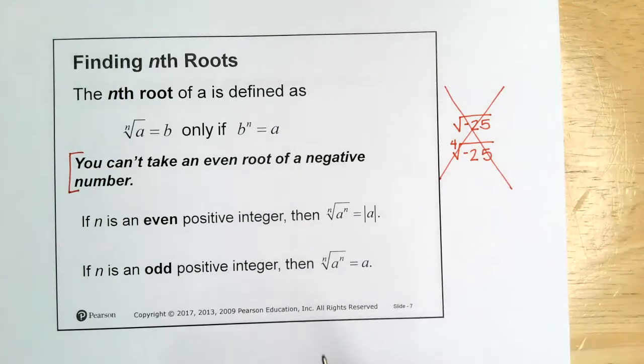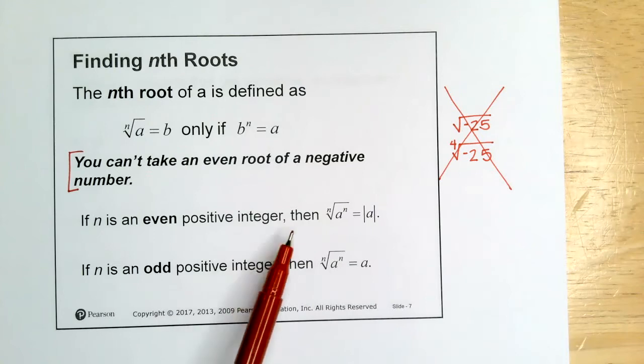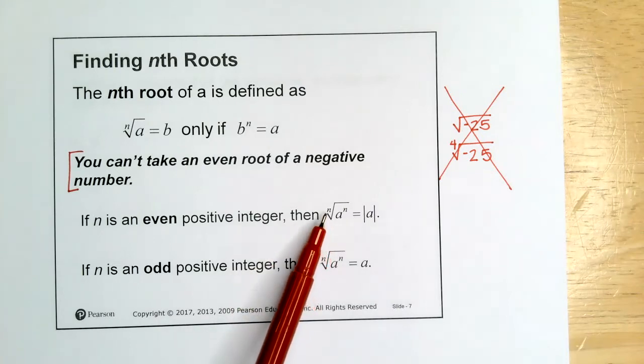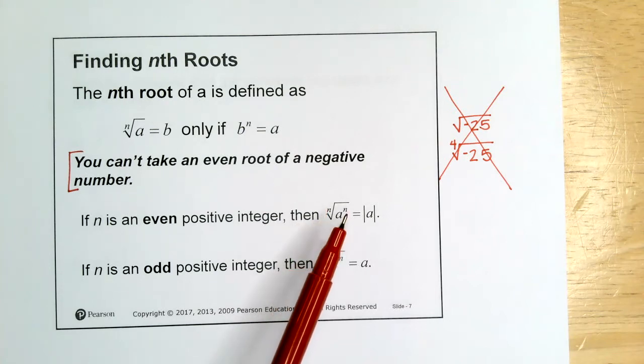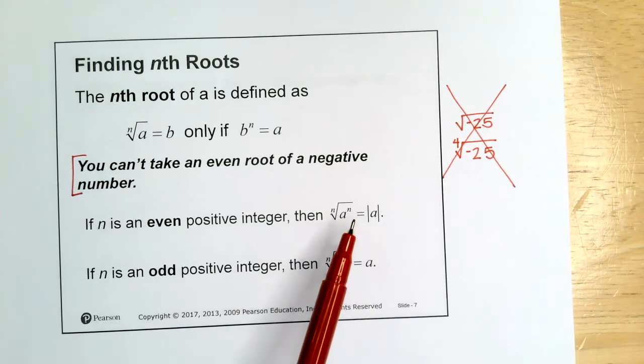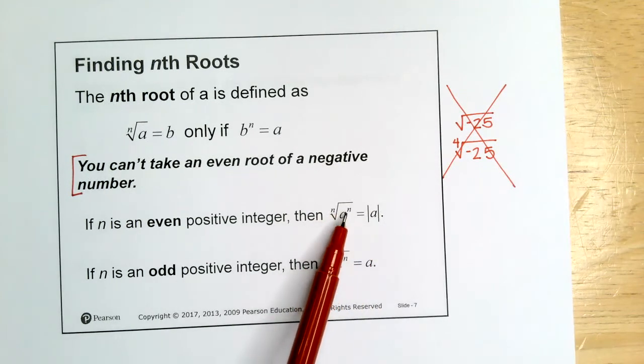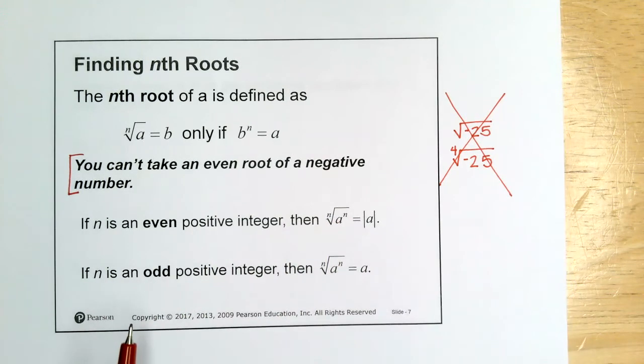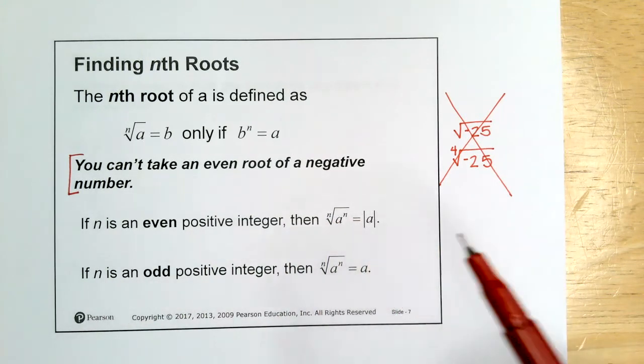Okay? So when you are solving, you can cancel out the root and the exponent, right? If the root and the exponent are the same, then your answer is just the same, a. But if it's even, the a has to be within the absolute value bars, okay?